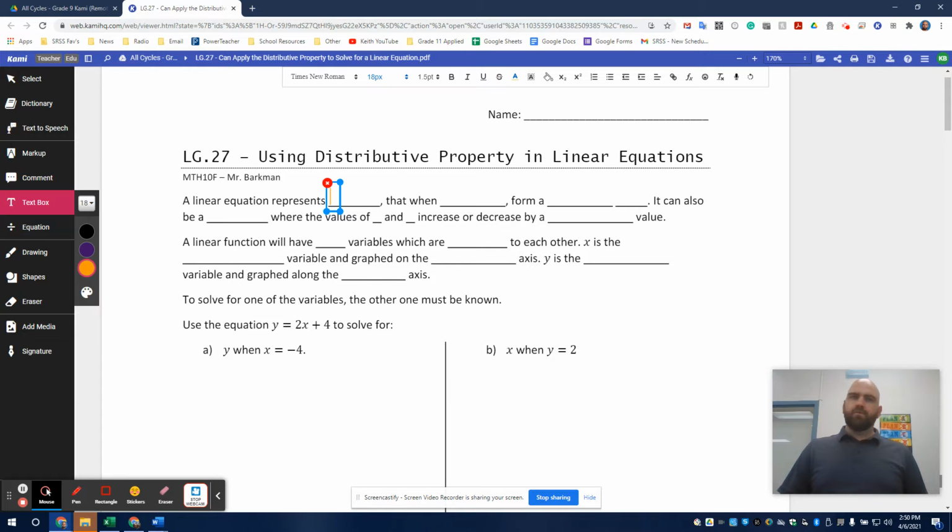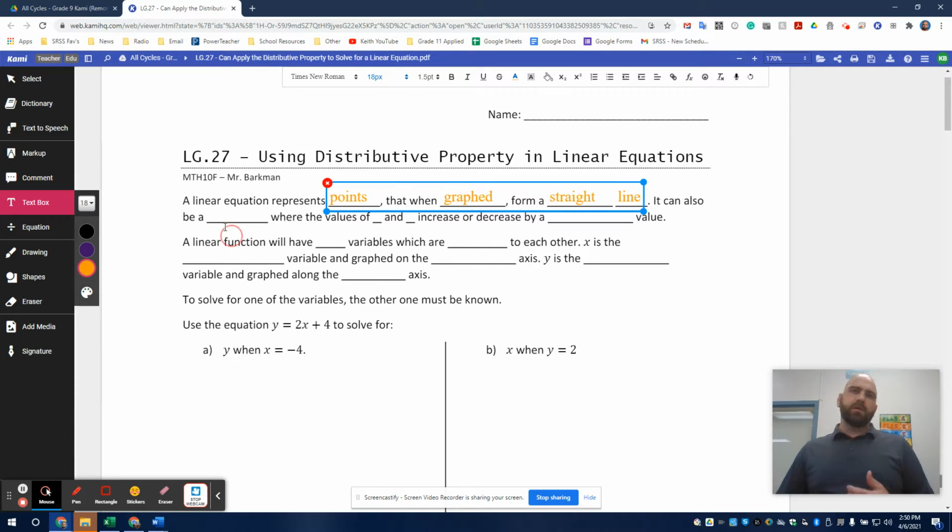So the first thing in review is a linear equation represents points that, when they're graphed, form a straight line.